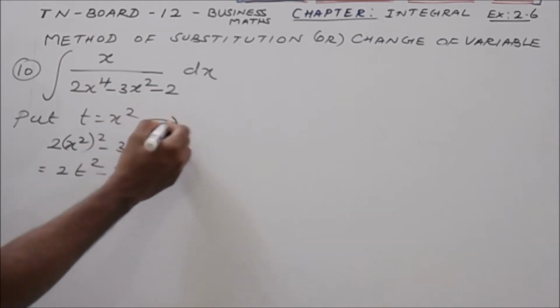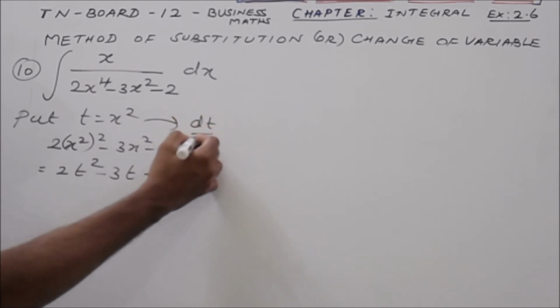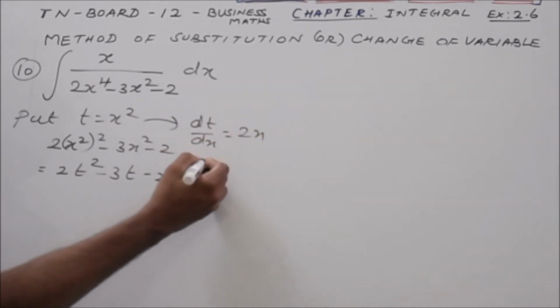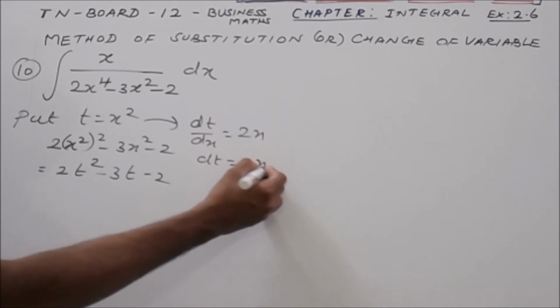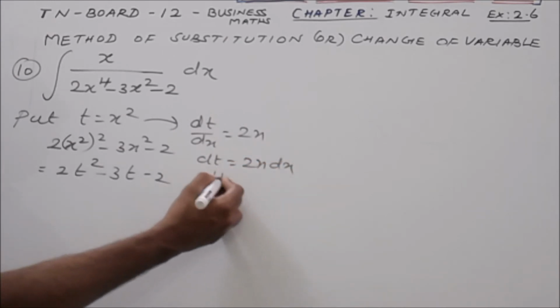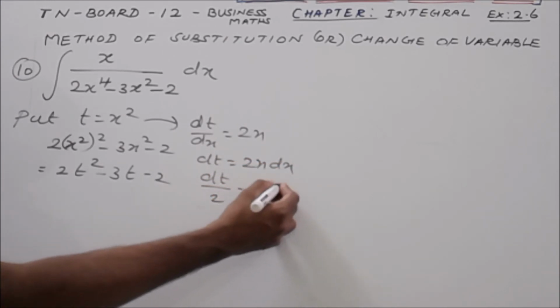So differentiate this function. dt by dx is equal to 2x. dt equal to 2x dx. Now dt divided by 2 equal to x dx.